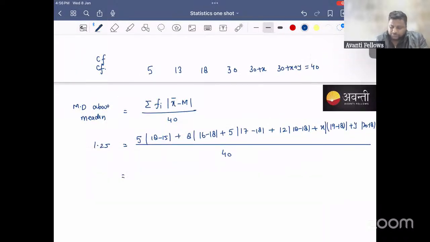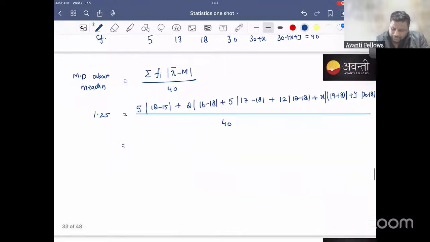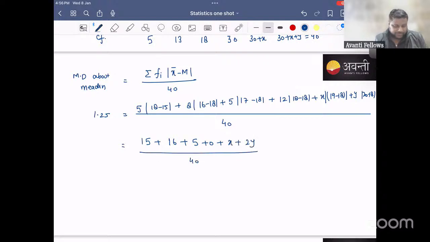Now what is this? 18 minus 15 is 3, 5 3s are 15, 8 2s are 16, then 5, then 0, then 19 minus 18 means x, and then 2y, whole divided by 40. This is what I got.